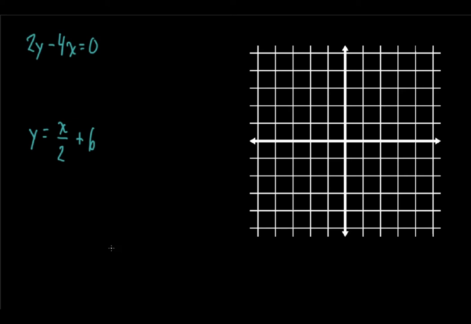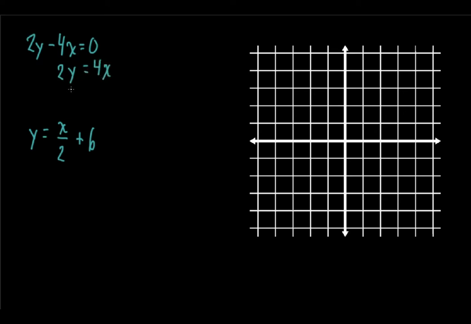All right, well, in order to graph these, it's probably more convenient to write them in the slope-intercept form. So we're going to want to rewrite this by bringing all the x's over to one side. So first we would have 2y equals 4x.